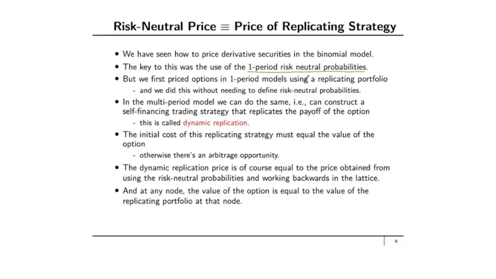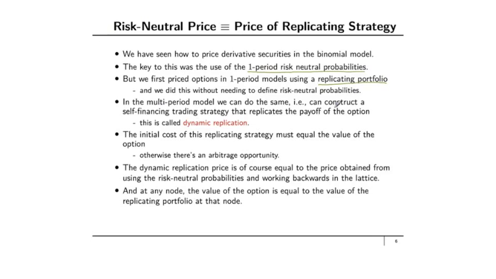But actually, we first priced options in the one-period models using a replicating portfolio argument. And we did this without ever needing to define risk-neutral probabilities. If you go back to that earlier module, you'll see we actually priced the one-period option by constructing a replicating portfolio. We only constructed risk-neutral probabilities afterwards, and we used these risk-neutral probabilities then to price all securities. But the first thing we did was we constructed a replicating portfolio in the one-period model.